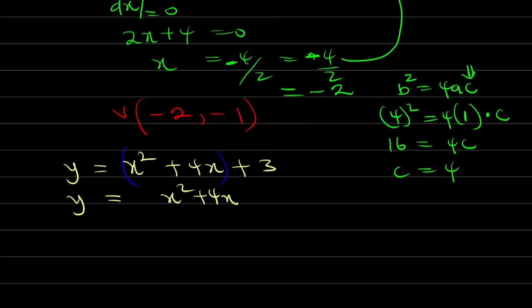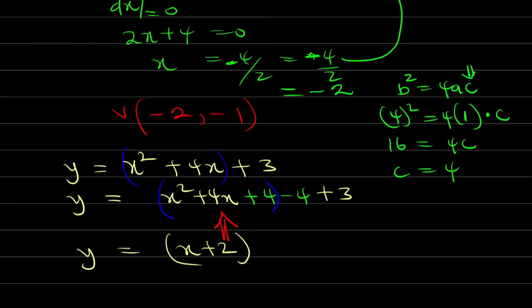So I'm going to add 4, and I'm going to subtract 4 at the same time, so that if I put back this bracket, it is as though I have done nothing to the expression. So this is already a perfect square inside this bracket here. And the perfect square is simply x plus 2 squared. So minus 4 plus 3 is simply minus 1.